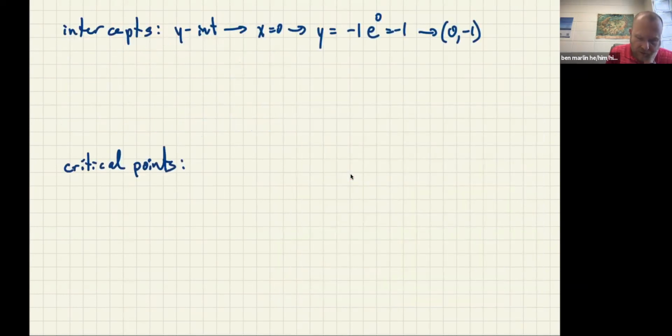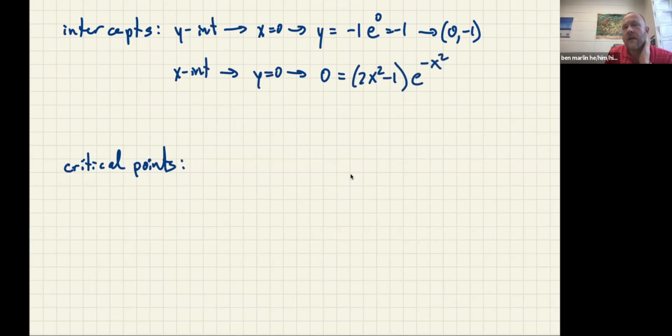So then for the x-intercepts, we'll set y to 0. So we have 0 equals 2x squared minus 1 times e to the minus x squared. Now, exponentials cannot be equal to 0, so we don't have to worry about that, and we can just go ahead and cross that one out. So the 2x squared minus 1 has to be equal to 0.